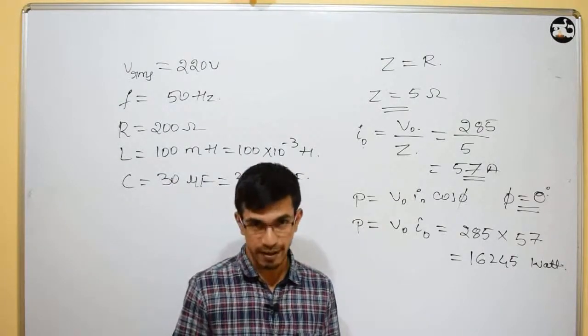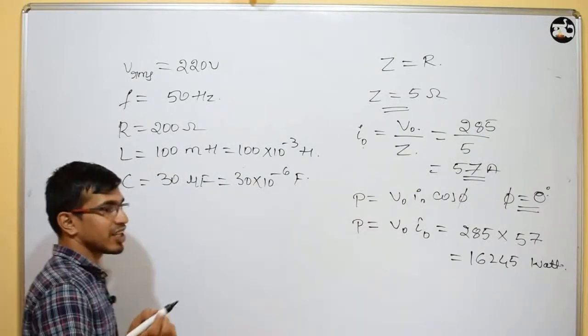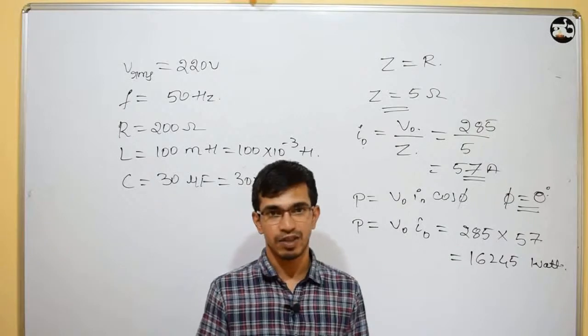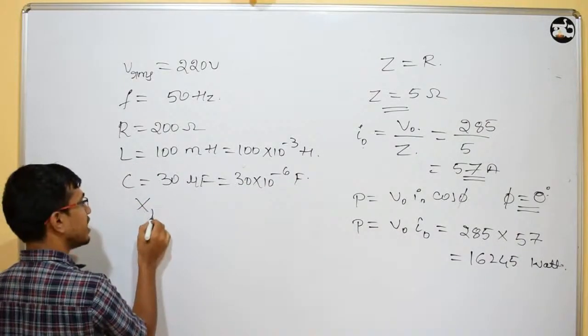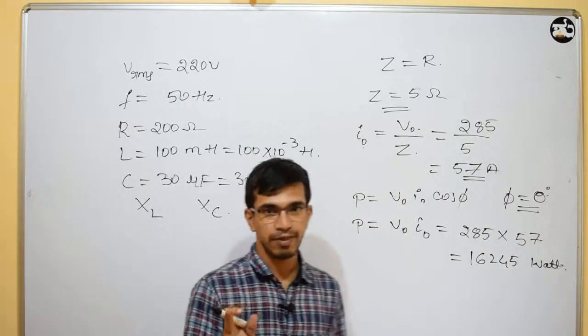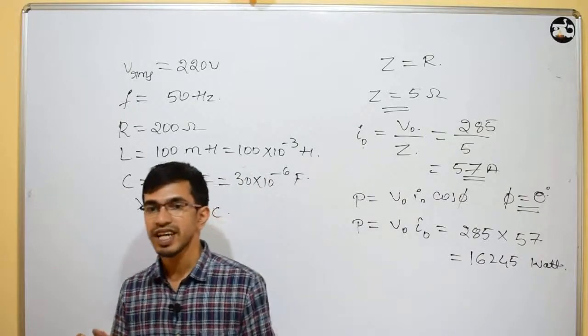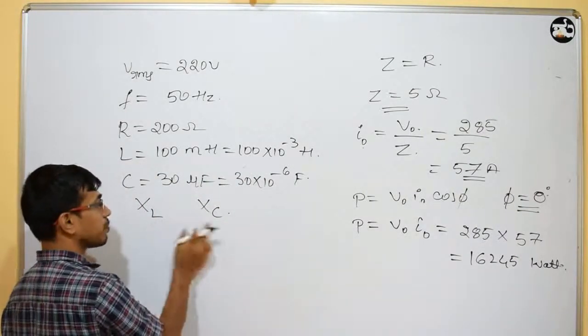To get that, we need to know whether the current is leading or lagging. It's a simple trick. First of all, you need to find out the inductive reactance as well as the capacitive reactance. After that, compare both the values.